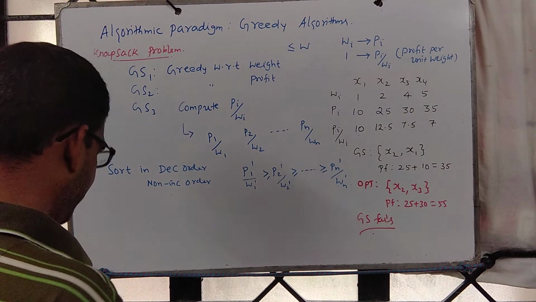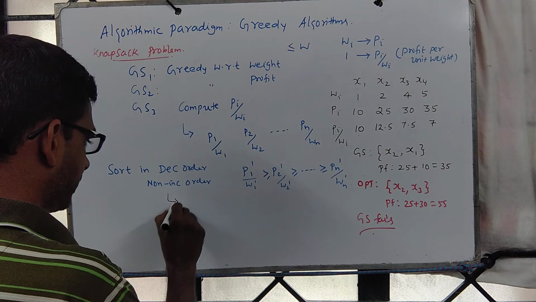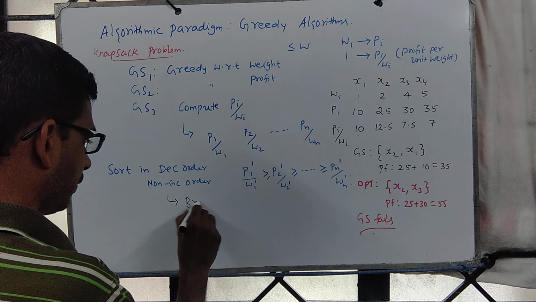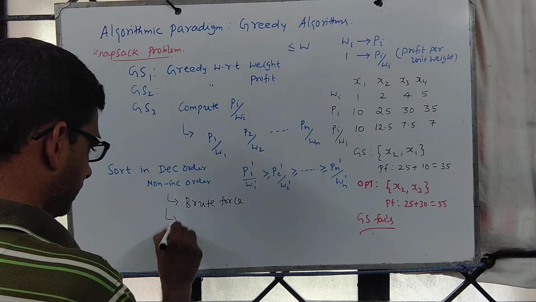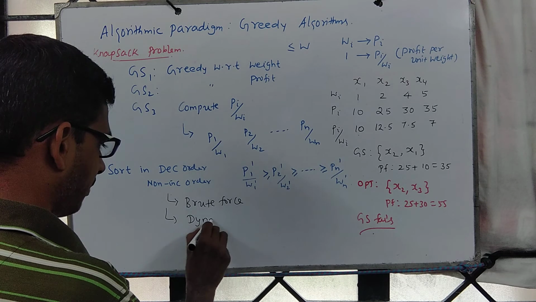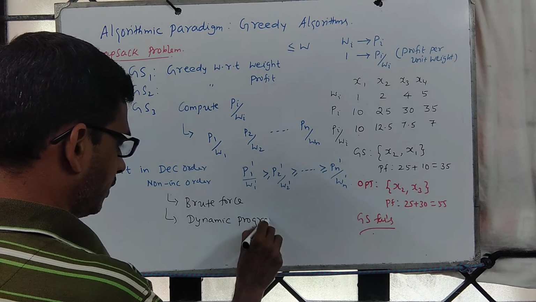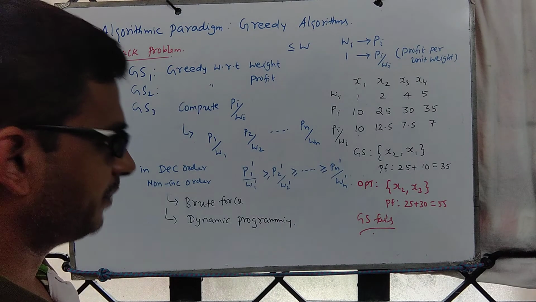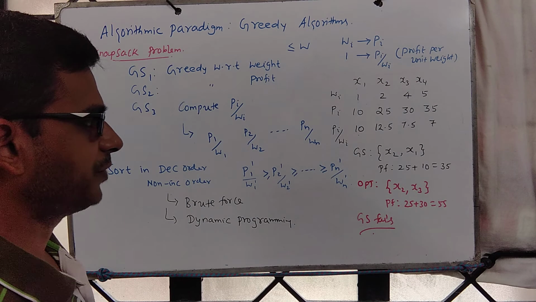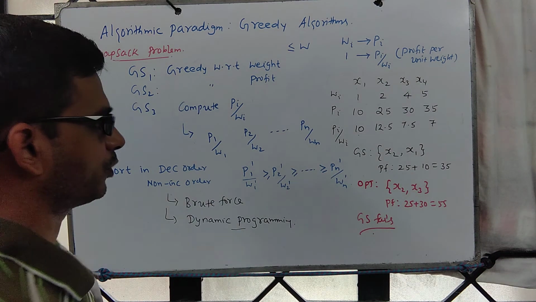Now that the greedy is not working, we have to approach this problem either through brute force or something called dynamic programming, which we shall see. So for this problem, one can output the optimum solution following the dynamic programming approach.